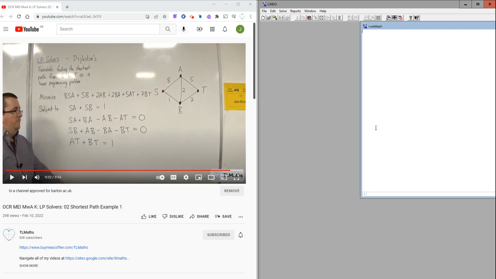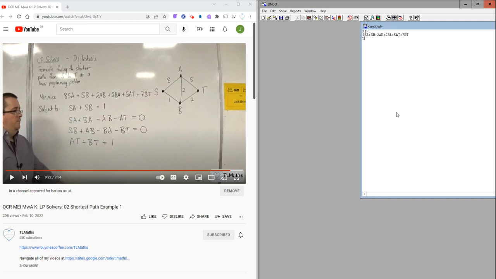The first one was: formulate finding the shortest path from S to T as a linear programming problem. In Lindo, you type in the constraints. You put min for minimize, and then on the next line, 8SA plus SB plus 2AB plus 2BA plus 5AT plus 7BT.